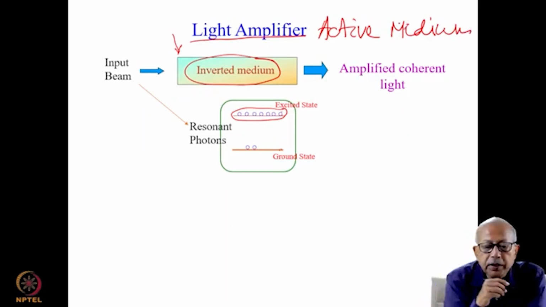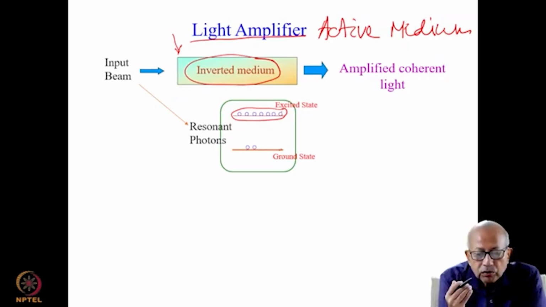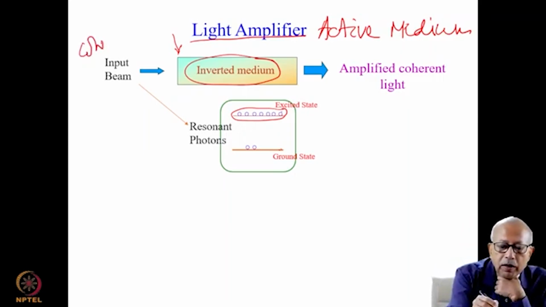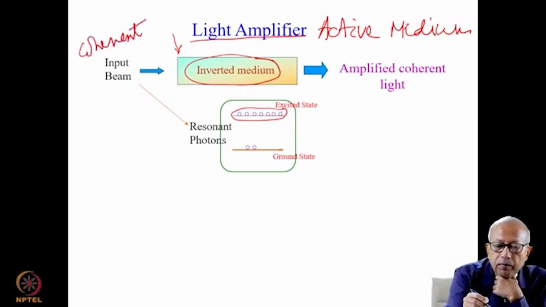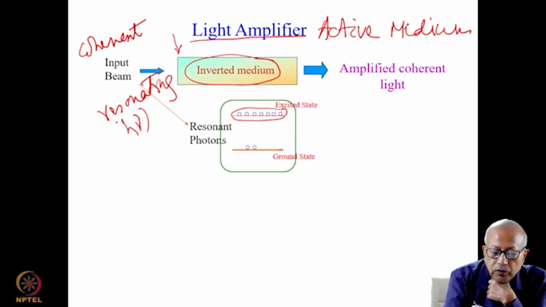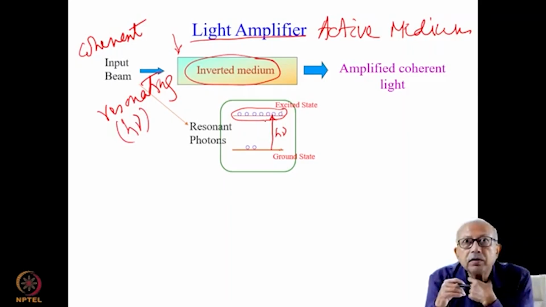Now we shine this medium with a beam of light that comprises identical resonating photons. Identical photons means these are all coherent. And resonating photon means the photon's energy, which is h nu, where the frequency is nu, matches exactly the energy difference between these two energy states.